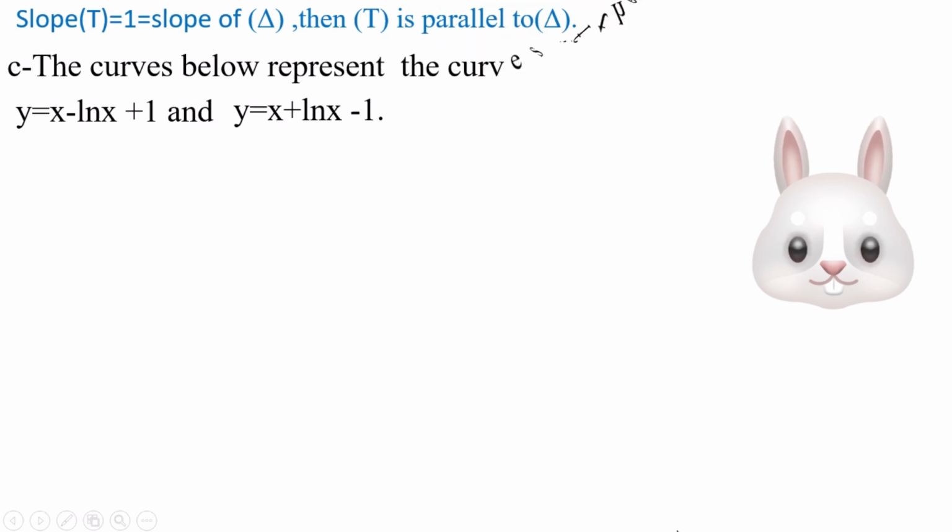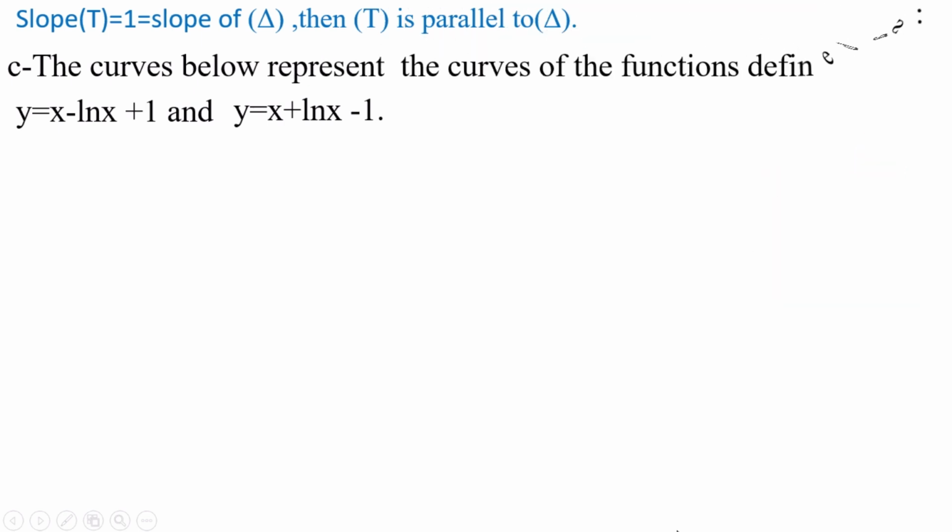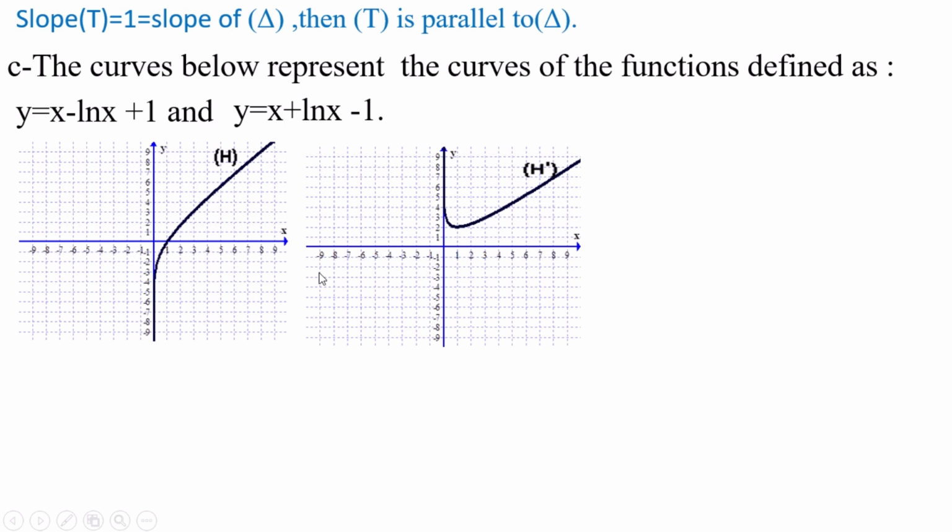The curves below represent the curves of the functions h and h prime. So we have two curves, and their functions are given by y equals x minus ln x plus 1 and y equals x plus ln x minus 1. Which one is the equation of h and which one is the equation of h prime?